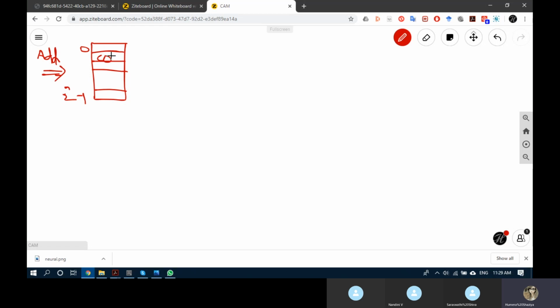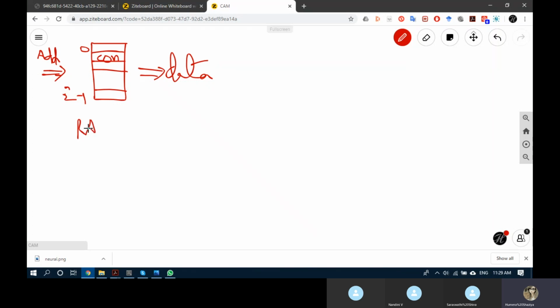In this location, content is stored. The input is address, output is content, or the data stored at the address. This is our RAM, random access memory.